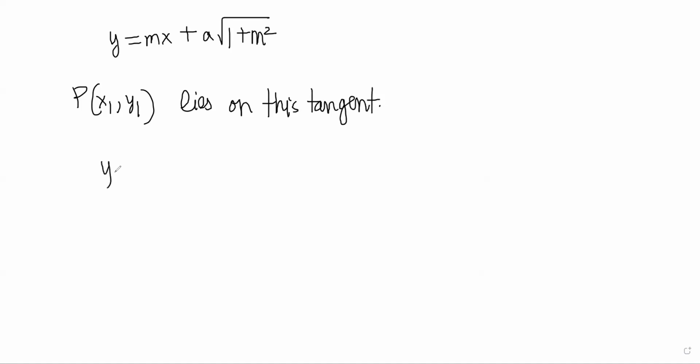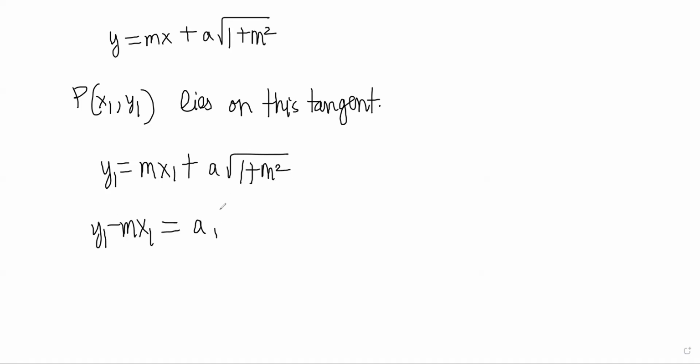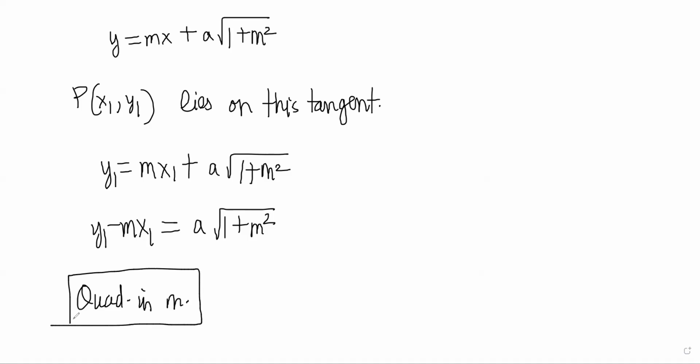Then you will get y1 is equal to mx1 plus a root over 1 plus m square, and y1 minus mx1 is equal to a root over 1 plus m square. You can square this and make a quadratic in m. And this quadratic in m will have two roots in general. Sometimes it can have zero roots or only one root, which is equal roots.